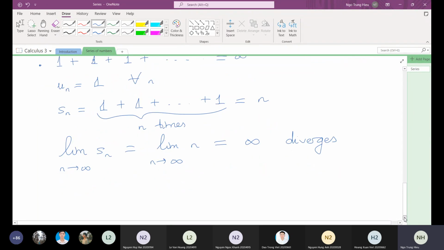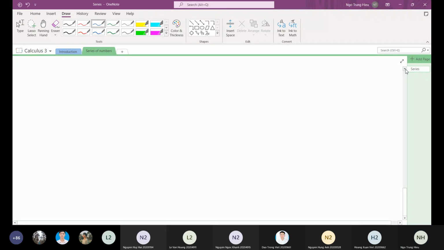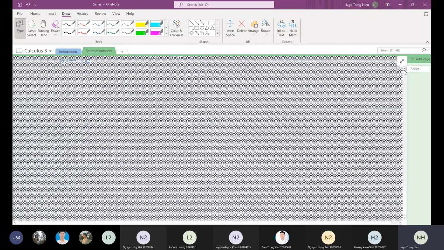So this is our first example. All right. So we have our next example, which is a geometric series.